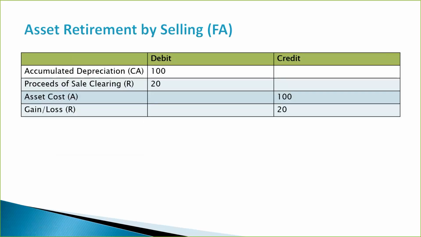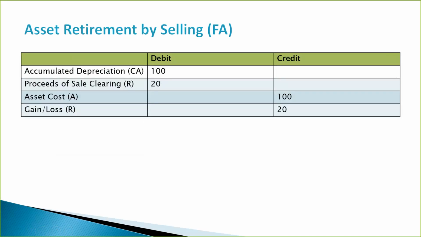Anyway, so you're selling this asset, which we are saying is a car. It's fully depreciated, but you're still selling it for this amount, $20. And this $20 is going to be recognized as a gain. We talked about this gain and loss concept in our previous session.